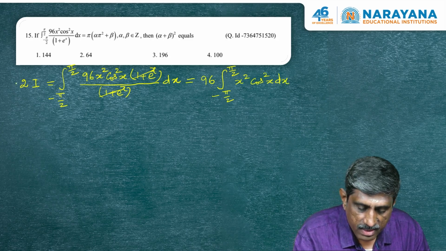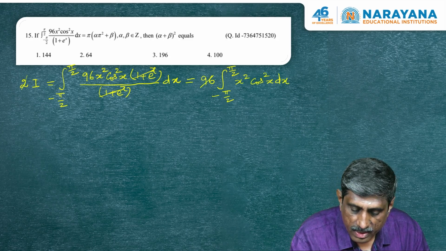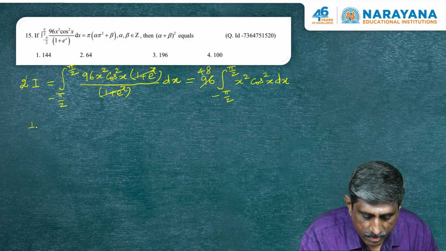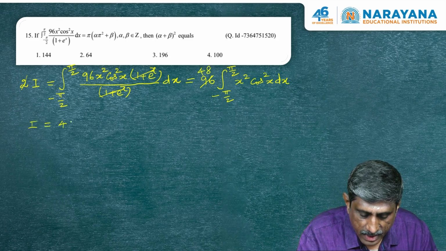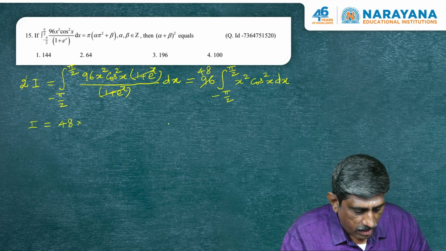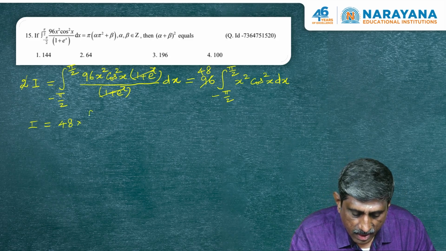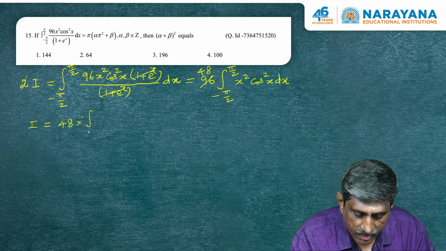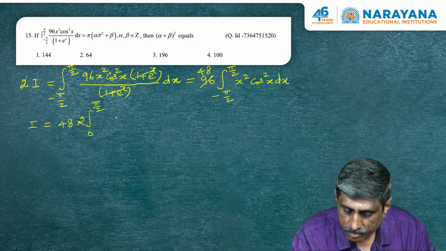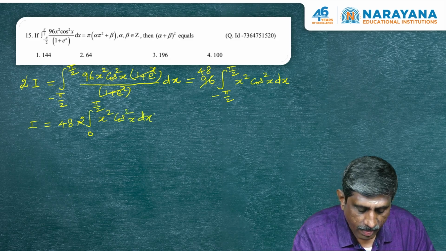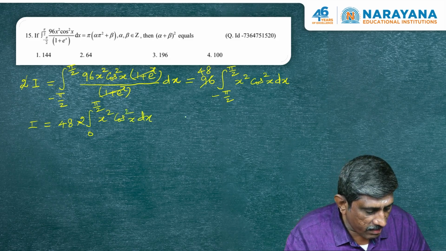So, when we cancel this 2 here, this becomes 48, and I is equal to 48 times, again we will write, when we simplify this integral, 2 times the integral from 0 to pi by 2 of x square into cos square x dx we can write.